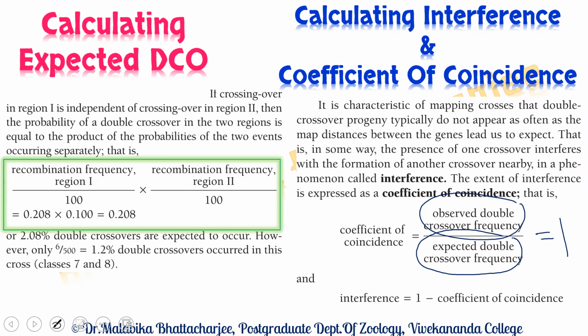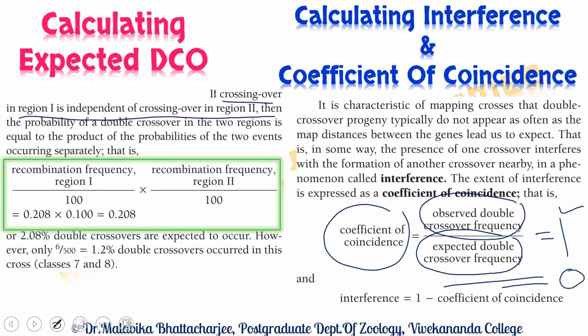That again means that the crossing over of one region is becoming totally independent of another region. In such a condition, if coefficient of coincidence is 1, then interference becomes 0. So one crossing over is not at all interfering with the crossing over event taking place simultaneously in the nearby place.